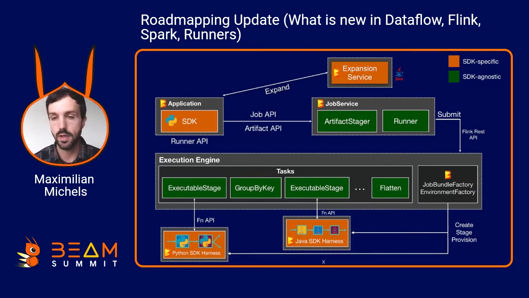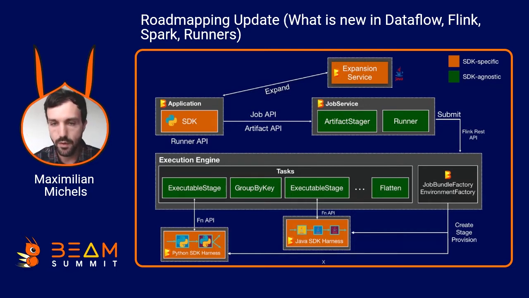You're not limited to just running one language, but you can actually, during pipeline creation, connect to an expansion service, which gives you the ability to resolve Java transforms. So for instance, you want to use the Kafka consumer, which is really mature and has been developed for years, in a Python pipeline.